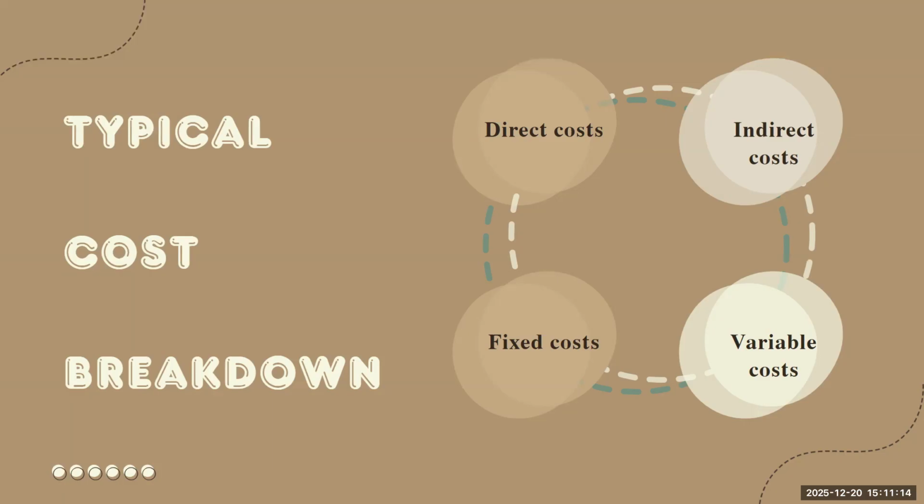And indirect costs contribute indirectly to the final product. Mostly they are the overhead and other administrative costs that contribute to the organization. They don't directly constitute the final product, but they are there to ensure that the organization functions normally.